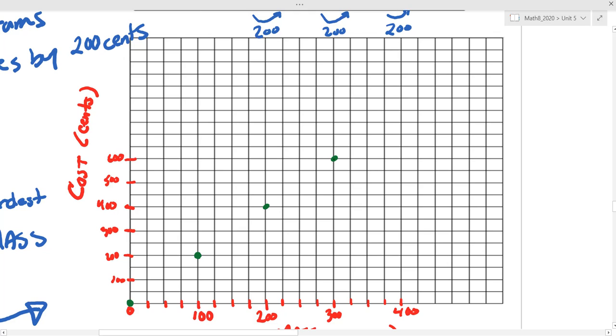Okay. Then we grab a ruler and we make our axes nice and connect the dots. So I'm going to go like this with the ruler.